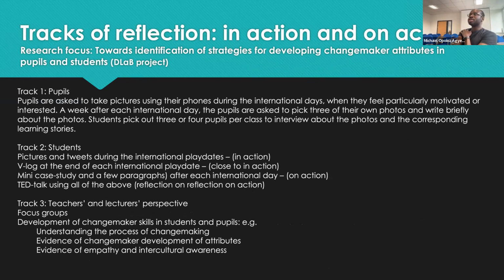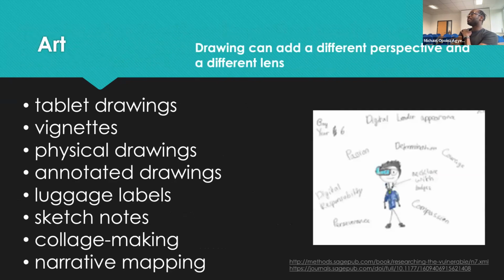Some examples in terms of in-class stuff, working with people. So we've talked about focus groups, which we mentioned in a previous session. Sample arts, I think that's more creative stuff that we can think of. Drawings, basically physical drawing, table drawing, annotations.